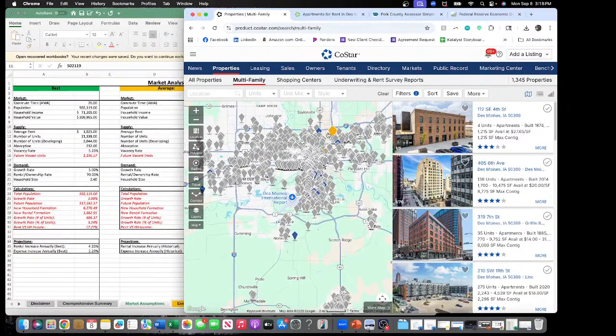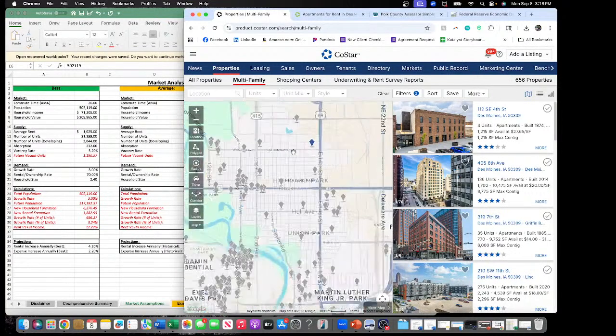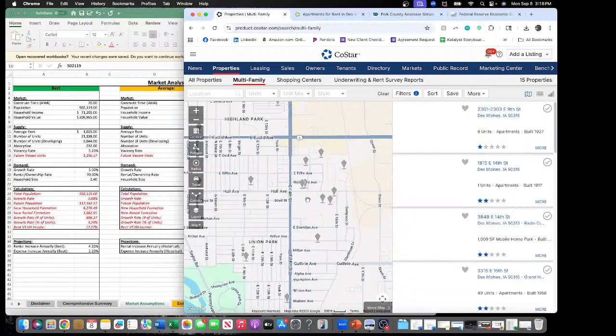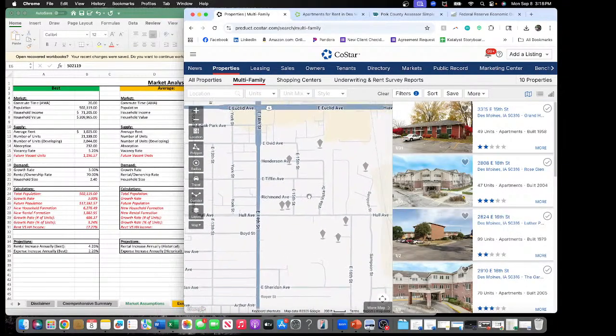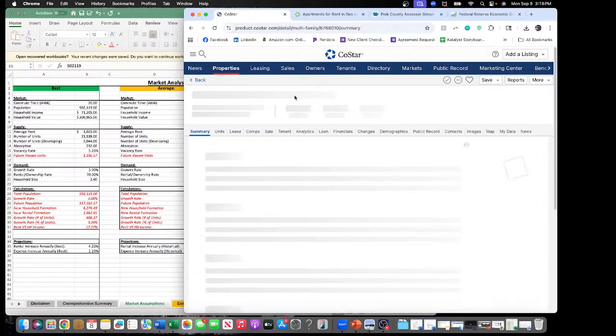Good news is I know exactly where this property is at, so I can zoom in on it at a very quick level. And here we go, 3315. Yep, so this is the property that I'm going to analyze here live. It's an old property. I sold it years and years ago as well.